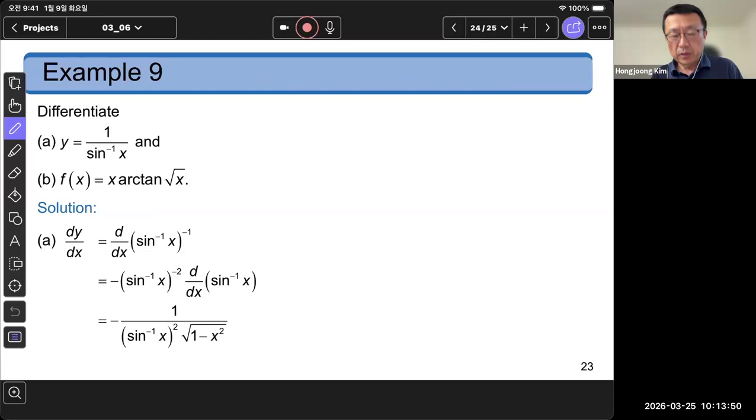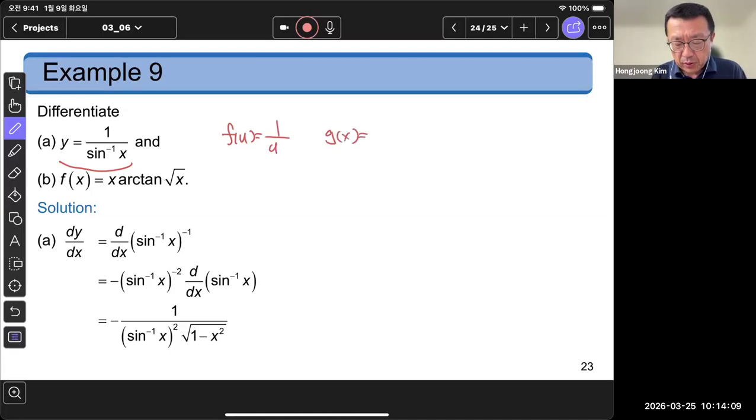So if I consider the derivative of this, it is the composite of two functions, right? f of u is 1 over u, and the inner function is the arcsine function. So I need to apply the chain rule, right?